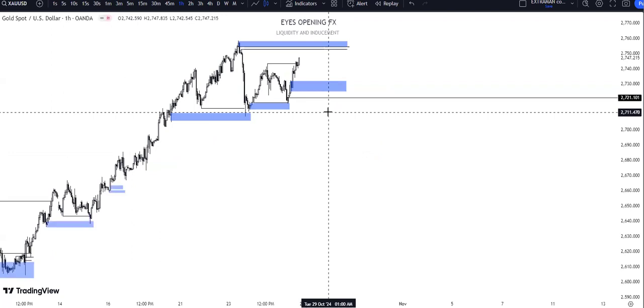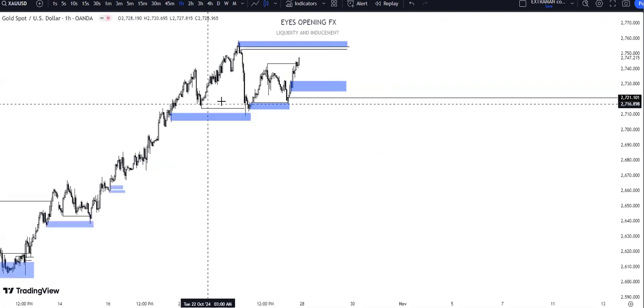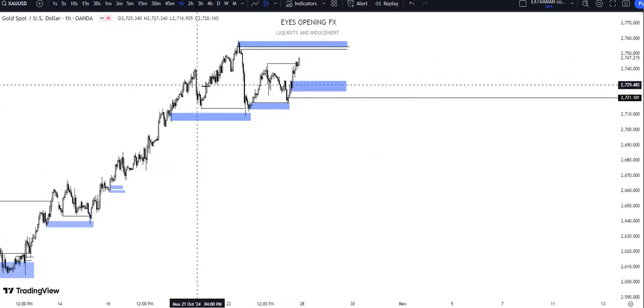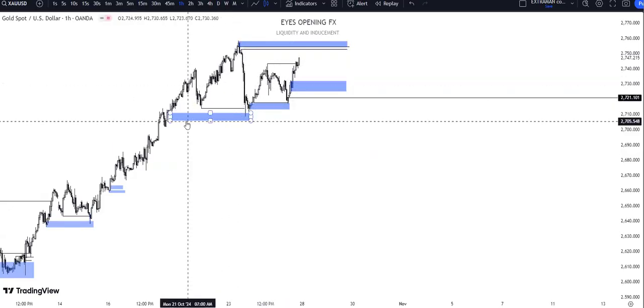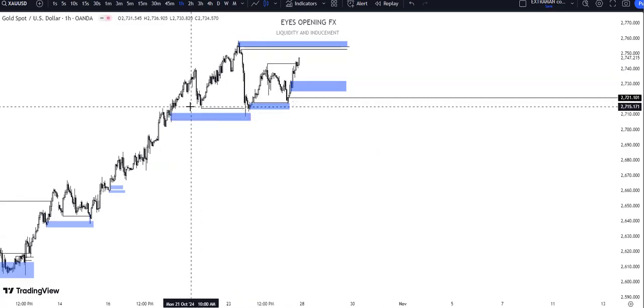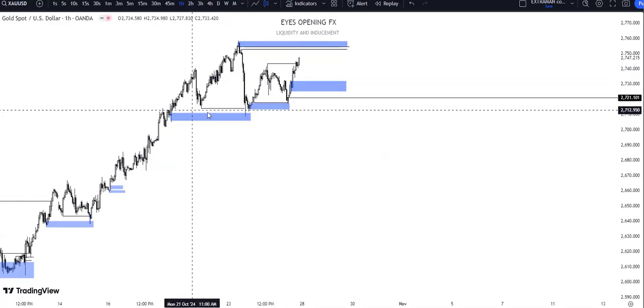Going down to gold, we see that gold has been bullish after this sharp movement. This type of sharp movement means market was looking for liquidity, since fundamentally we are bullish. So market came for this low right here.